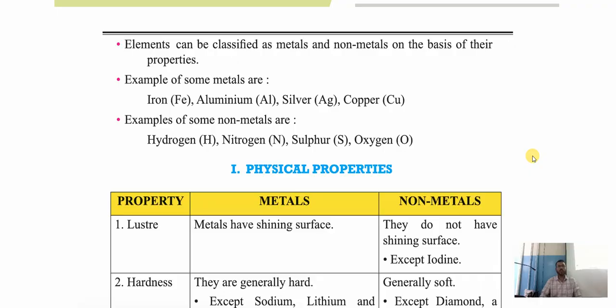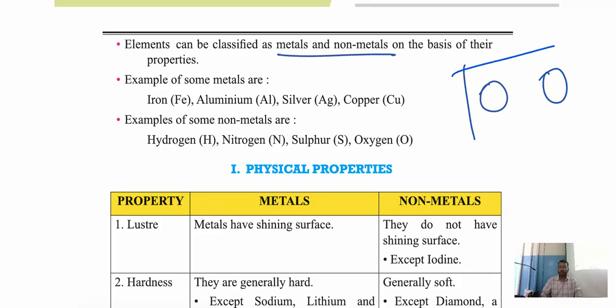Now, as you know about elements, these elements are classified as metals and non-metals on the basis of their properties. Now I'll give you one element, I'll give you another element. Once I give you these two different elements, you want to identify which is a metal and which is non-metal.